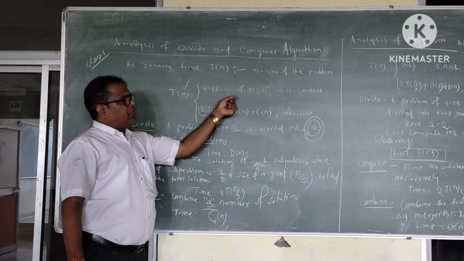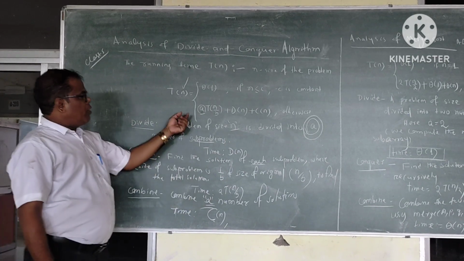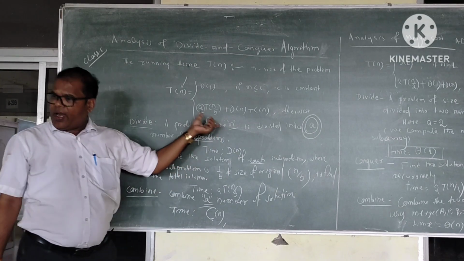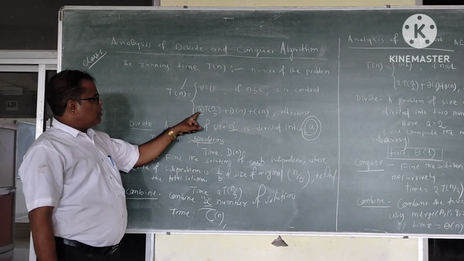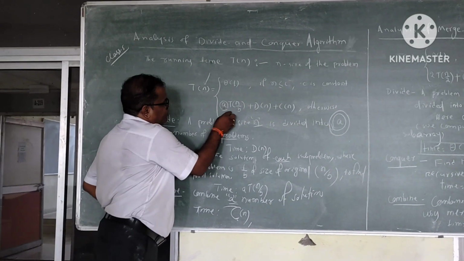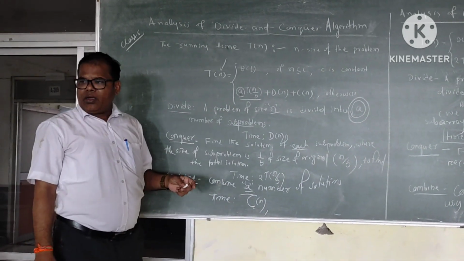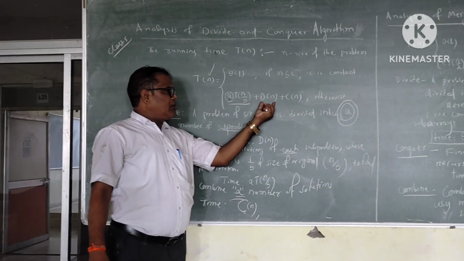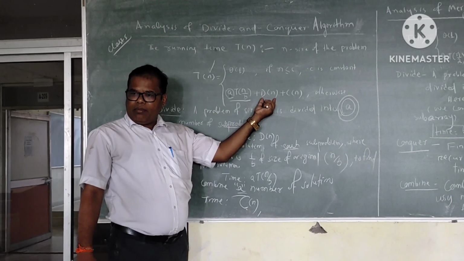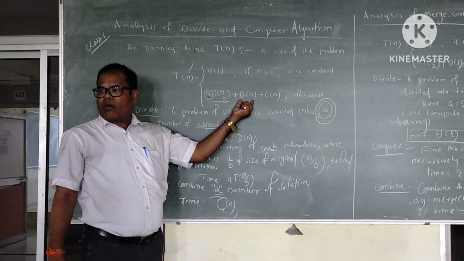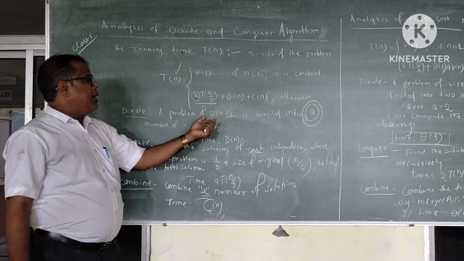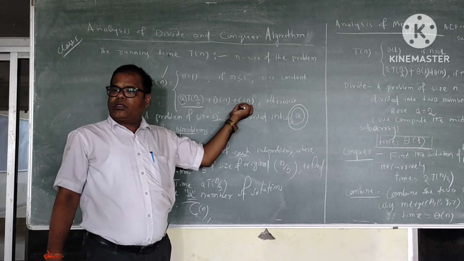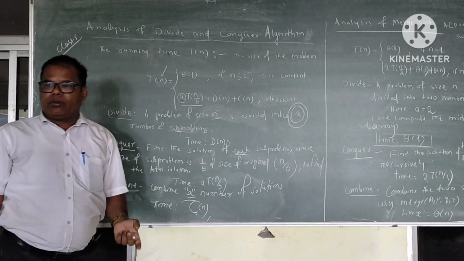If the problem size is greater than 1, we define the running time of this divide and conquer algorithm as follows. The first part is the conquer step, the time required to find the solutions of the subproblems. The second component is the time required to divide the problem into subproblems. And the third term is the time required to combine the solutions of the subproblems.